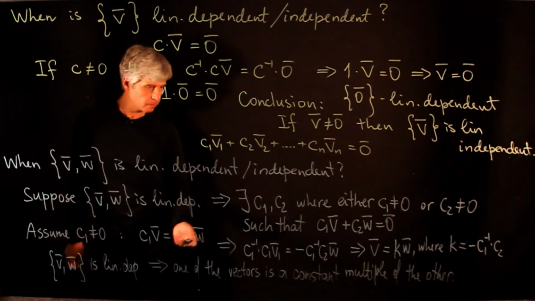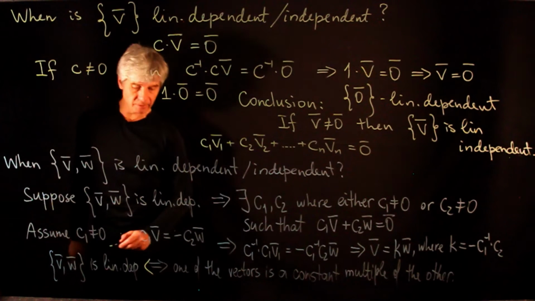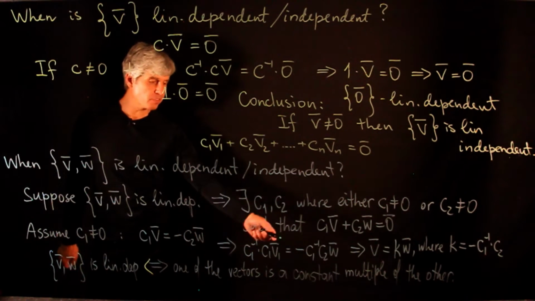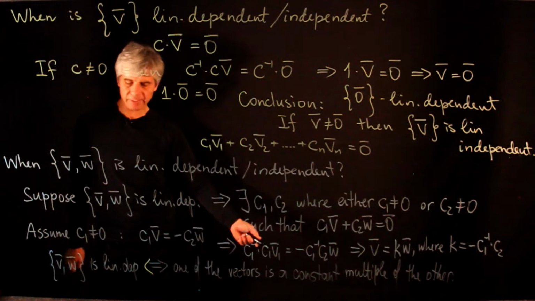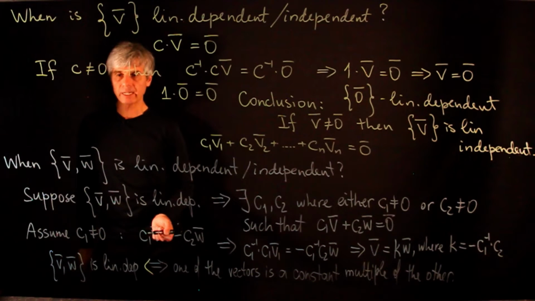And in fact, these two conditions are equivalent. So if one of the vectors is a constant multiple of the other, then these two vectors are linearly dependent.